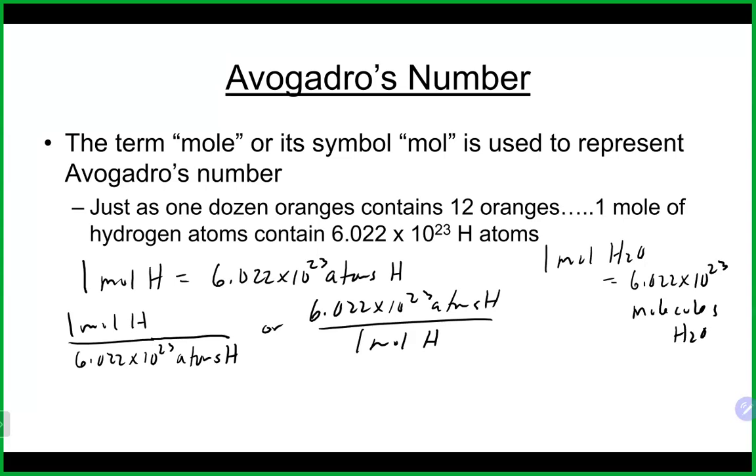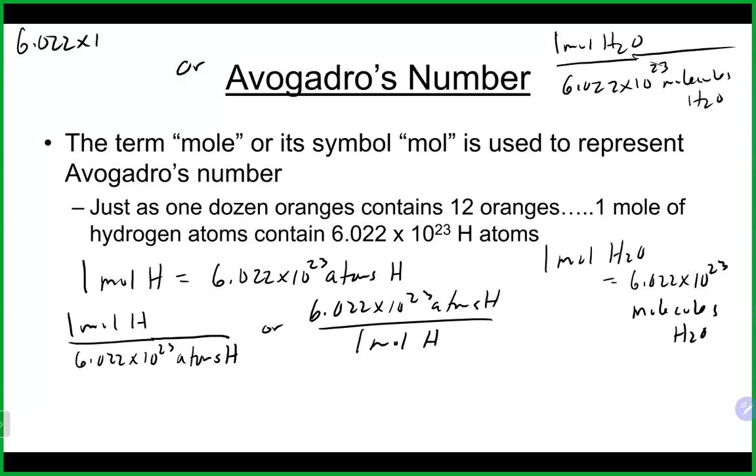And again, you could do the same thing: 1 mole of water gets you 6.022 times 10 to the 23 molecules of water, or you could flip it around with Avogadro's number up on top. Definitely also make sure you're using your exponent button when you use this calculation.